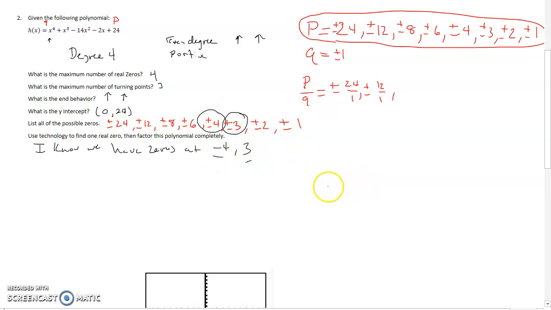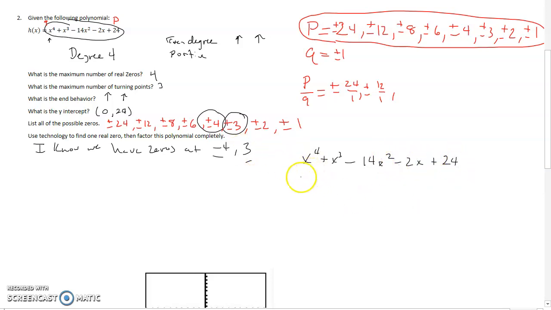Now, the reason we need synthetic division, the reason that we talked about previously, is what I'm going to do is take this polynomial, x to the fourth plus x cubed minus 14x squared minus 2x plus 24. Let me just write it. We're going to divide this up. We are going to take those zeros and break this up.